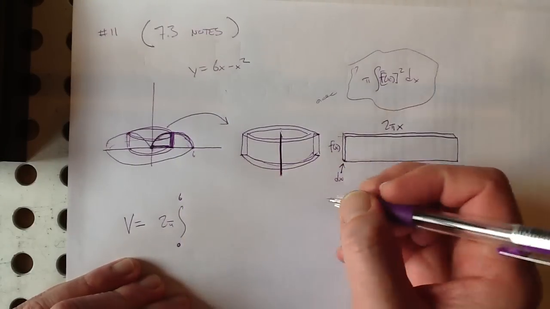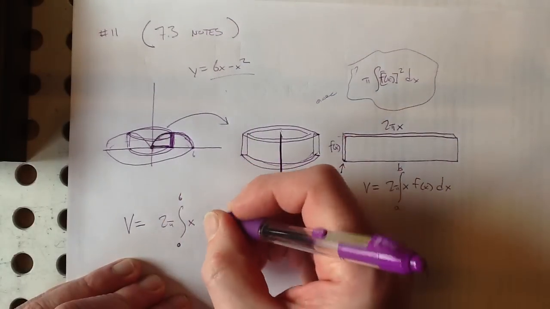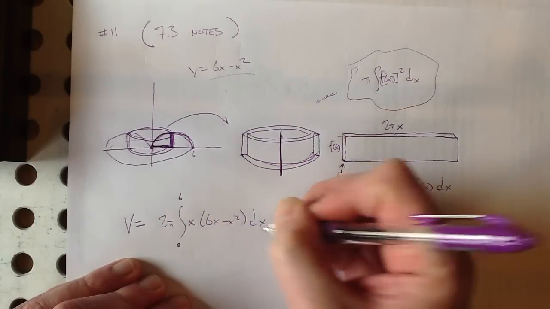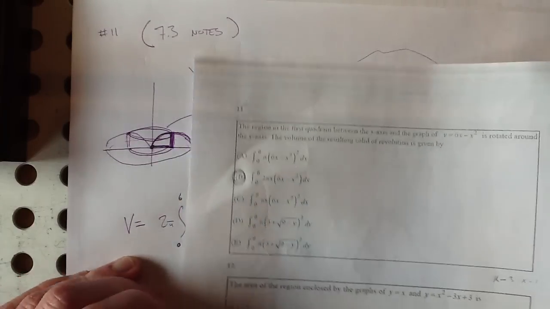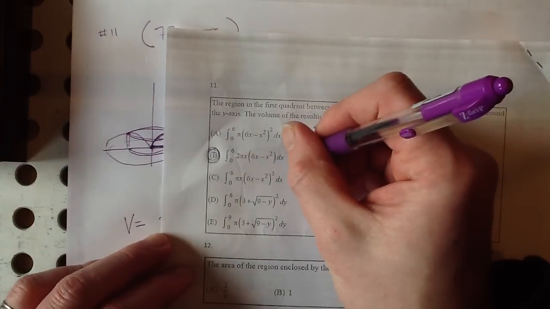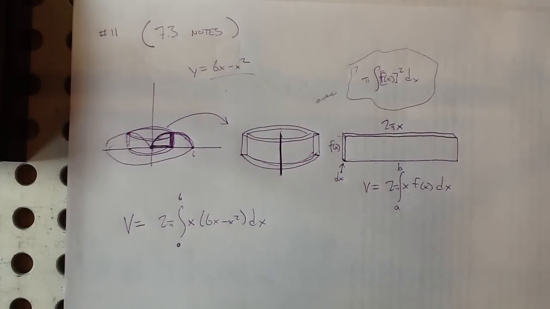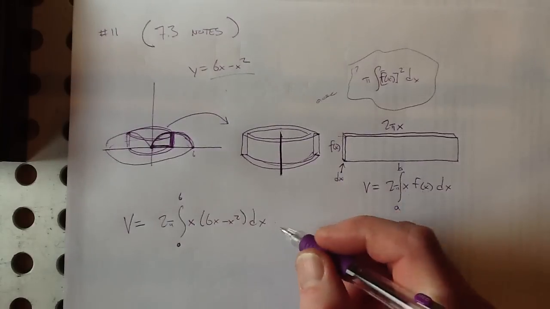So we get 2 pi times x times, in this problem, the function 6x minus x squared dx. All they wanted here was for you to know how to set it up, not actually get the answer. So that's answer choice B, but there's really no way you could have done that one without having these notes. So that's how you set something up like this.